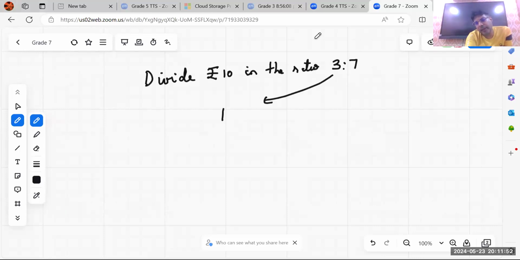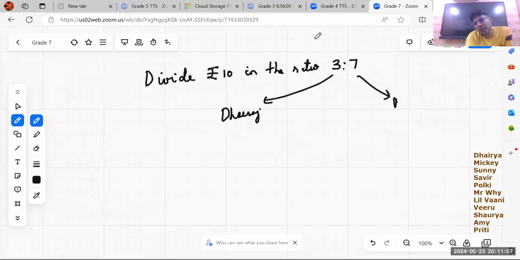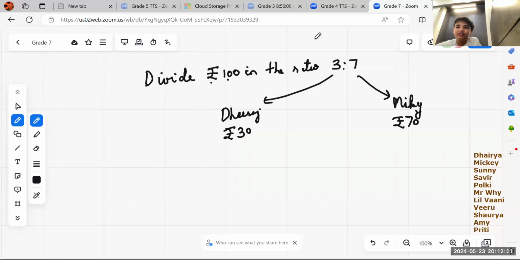So Dheeraj will get 3 and Mikey will get 7, right? Because rupees 3 plus 7 will make 10, correct? But if instead of rupees 10 it is 100, then you will say Dheeraj will get 30 and Mikey will get 70, by doing 3x plus 7x.